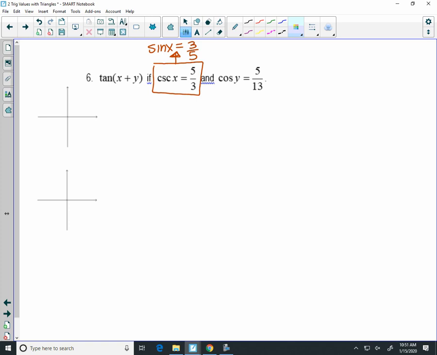The other thing I'm going to do before we do anything else is write out tangent of x plus y. Tangent of x plus y is tangent of x plus tangent of y over 1 minus tangent of x times tangent of y.